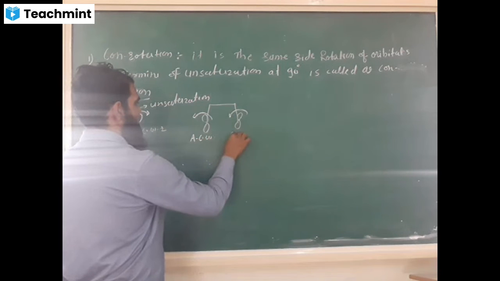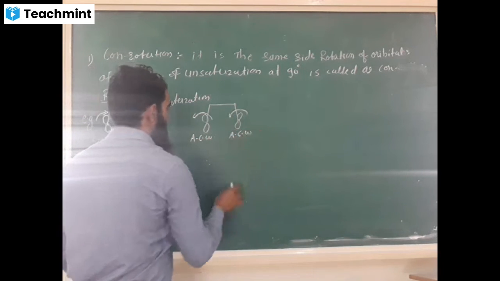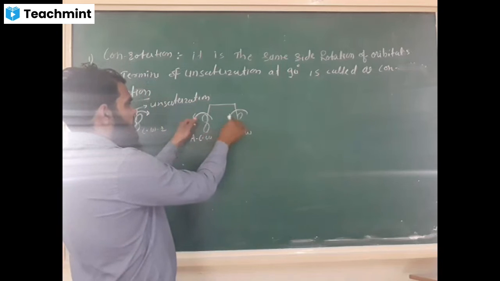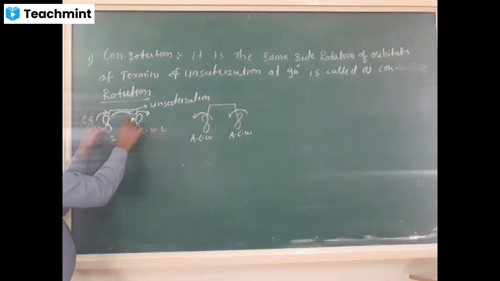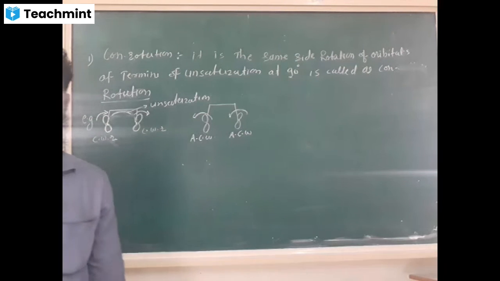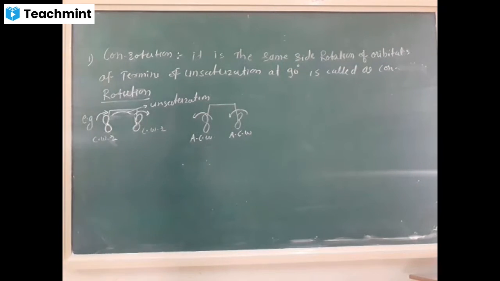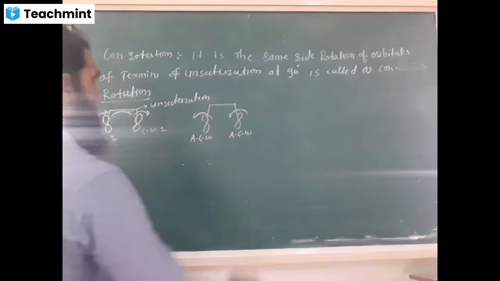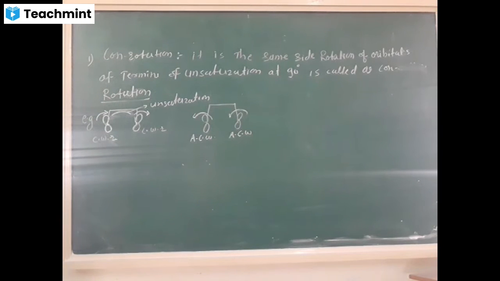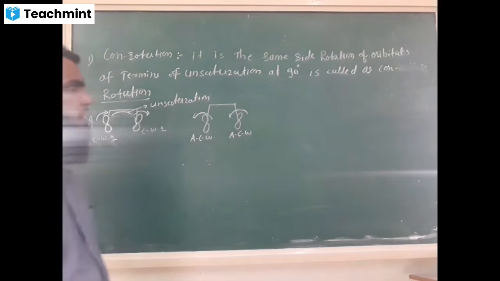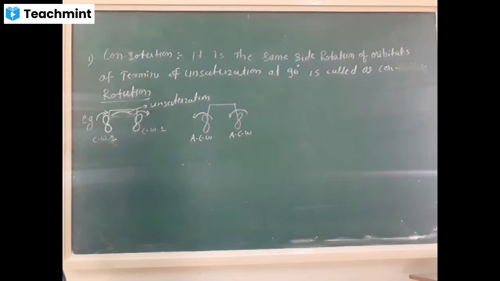If both the lobes of the termini of unsaturation are rotated on the same side, then we say the rotation is a con rotation and the electrocyclic reaction is a con rotatory electrocyclic reaction. It is the same side rotation of orbitals of termini of unsaturation, and this rotation should be 90 degrees. It is called con rotation.